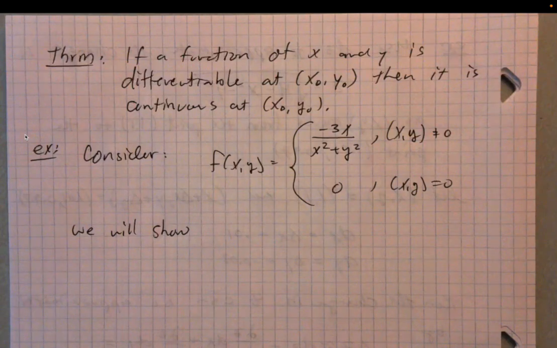This is not something you would expect to see if f was a function of a single variable. If this was a function of just x alone, then we wouldn't expect the derivative to exist but the function to not be differentiable. Those two go hand in hand. But in the case of multiple variables, it is possible for the partial derivatives to exist, but then to have the overall function be non-differentiable due to continuity issues.